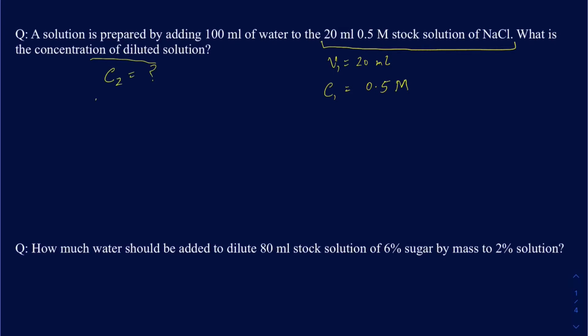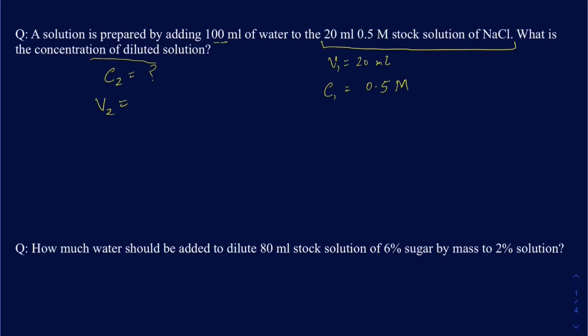And what's going to be the V2 now? Well, the question is saying you're adding 100 milliliters of water to 20 milliliters of stock solution. So you already have 20 milliliters present in the stock solution. Assuming these volumes are additive, and you can more or less assume so when you're doing these problems, when you're adding two different volumes of solutions, assume they are additive.